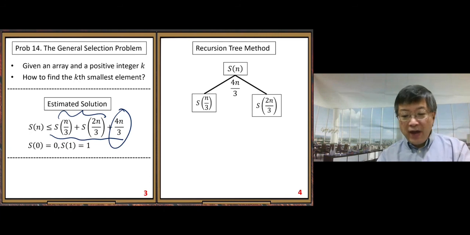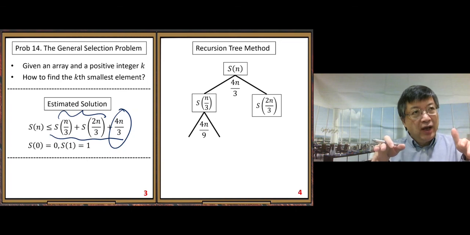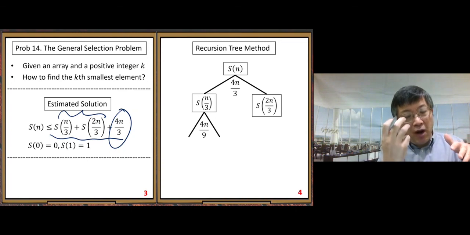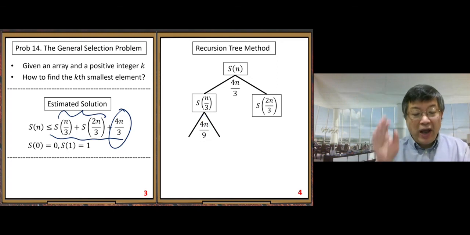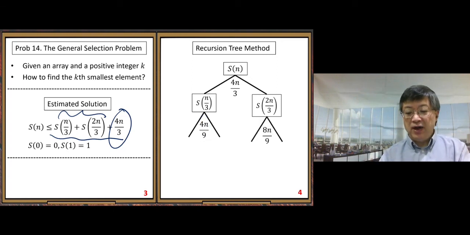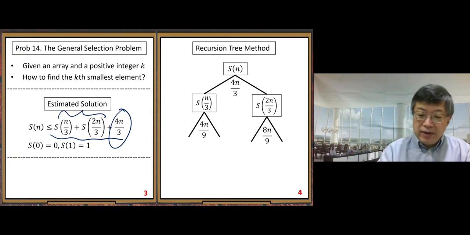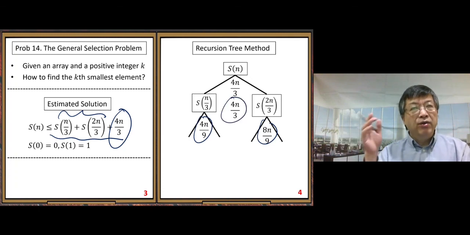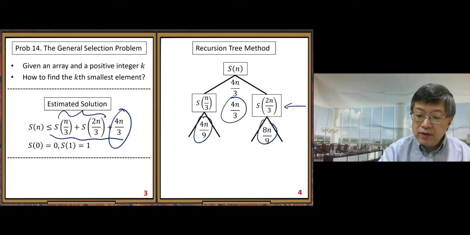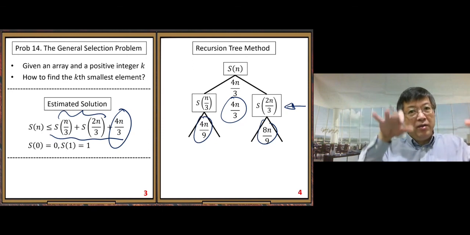Then for each node, we can make that split and get its corresponding non-recursion term for later accumulation. These two non-recursion terms we can add together to get the total non-recursion term of this level. Then we can go down more and more.